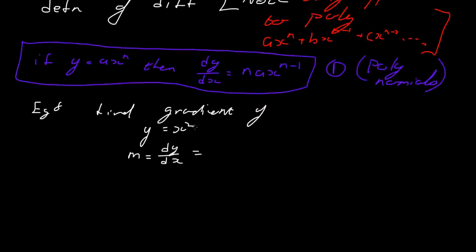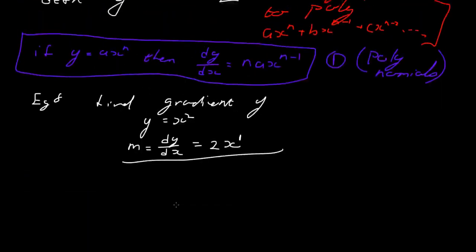This is in the form ax to the n, where a is 1, x is x, and n is 2. We put n in front, so we end up with 2, a is 1, x to the n minus 1. N is 2 minus 1 is 1. And there's your gradient: m equals 2x.